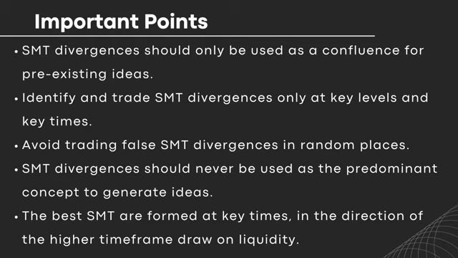Avoid trading false SMT at random places, and you know how you're going to do that, which is by using filters. The best SMTs are formed at higher time frame key levels at key times in the direction of the higher time frame drawn liquidity, right? These are some important points that you must write down.